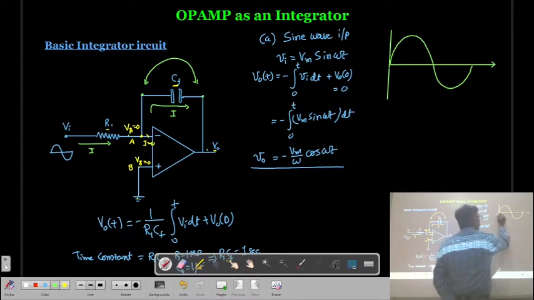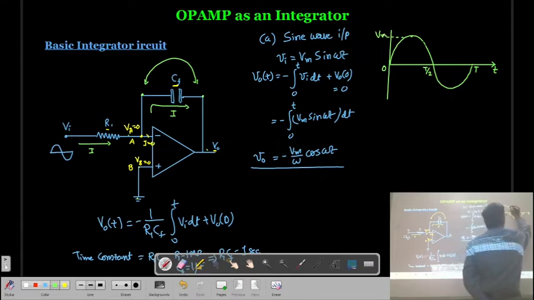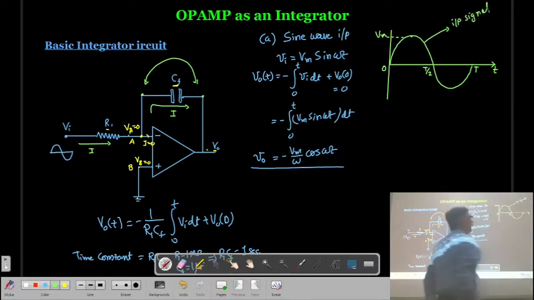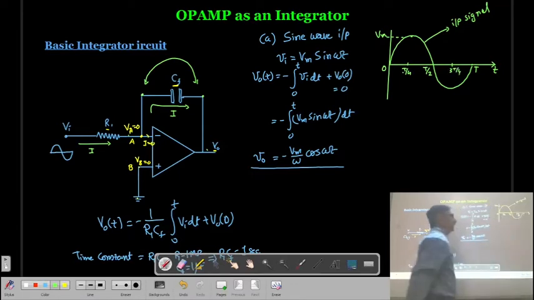Correct? So this will be 0, this is T by 2, and this one is T. And what is my maximum voltage? It is Vm. So this signal is representing the input signal. Now here we have time T by 4. This is 3T by 4. Correct?